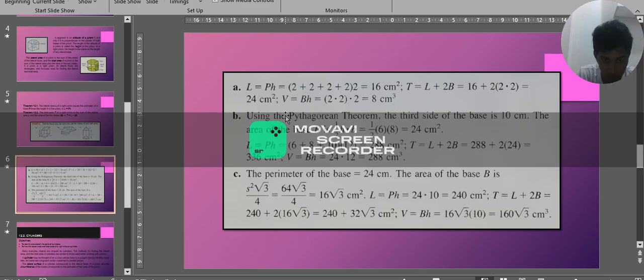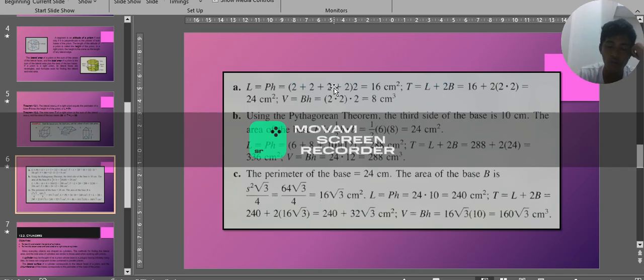According to this, L is equal to PH. Now, 2 plus 2 plus 2 plus 2, multiplied by 2, because 2 plus 2 plus 2 plus 2 consists of the number of sides of a square.